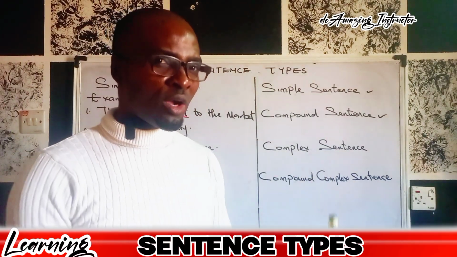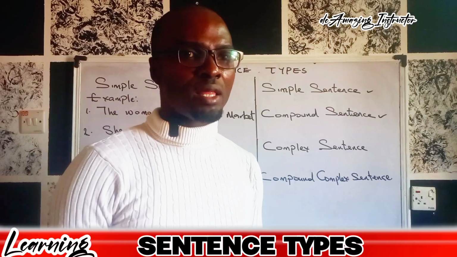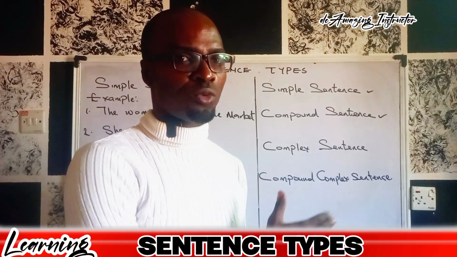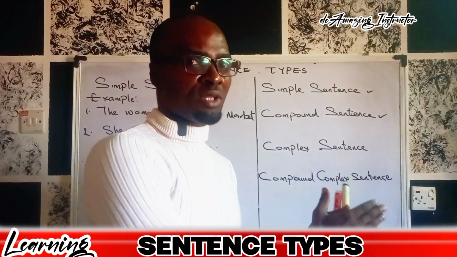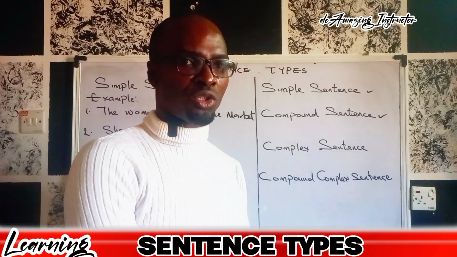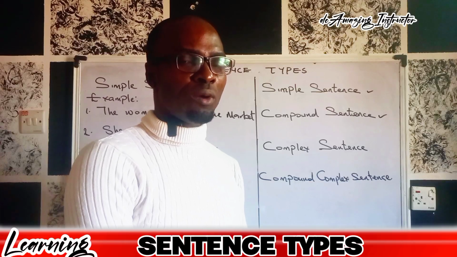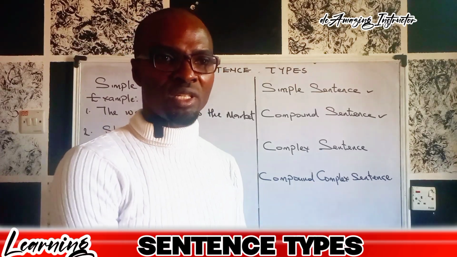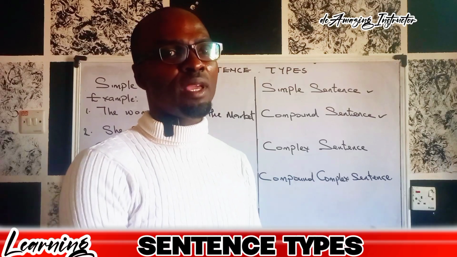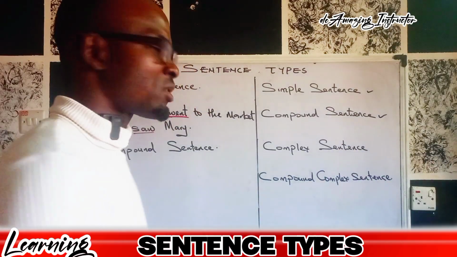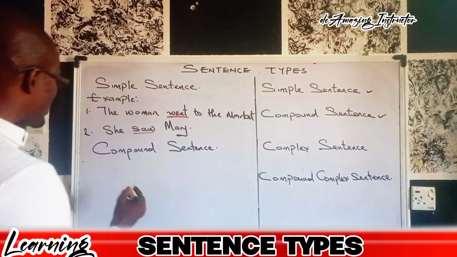Take note, joined together with coordinating conjunctions. Remember in our previous video, we were able to consider the various types of conjunctions: the coordinating conjunctions, subordinating conjunctions, and the correlative conjunctions. Now, when two independent clauses are joined together with the coordinating conjunctions, they are called compound sentences.